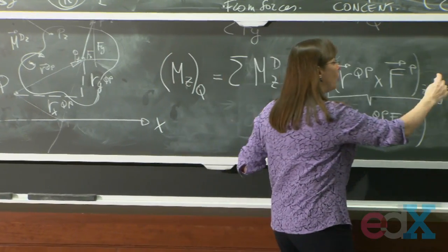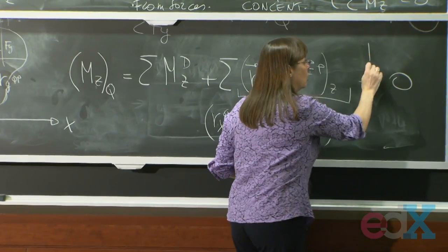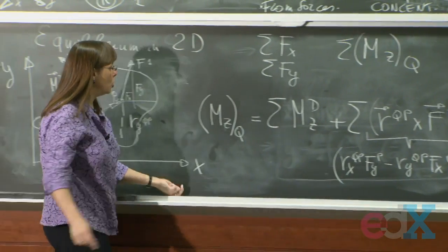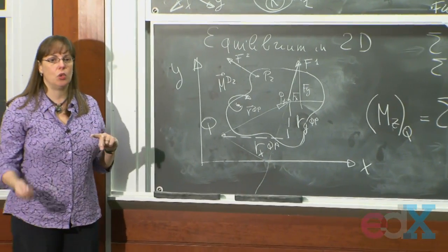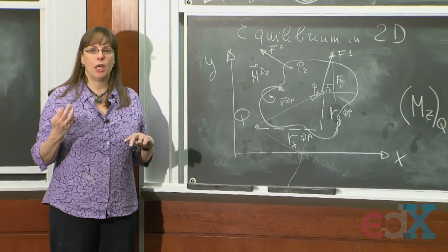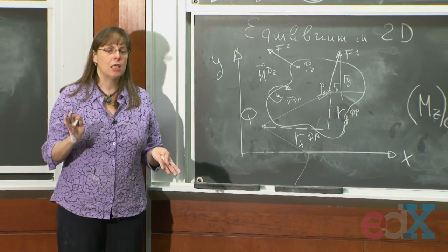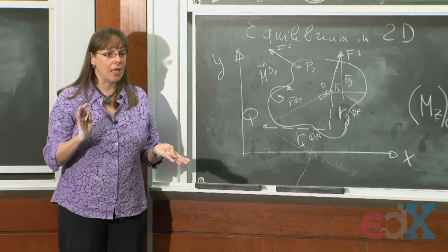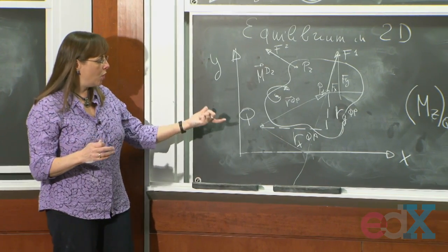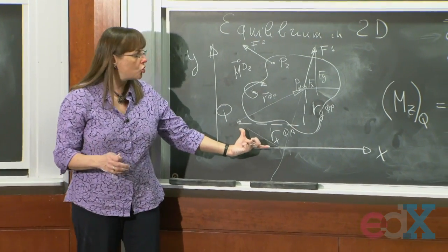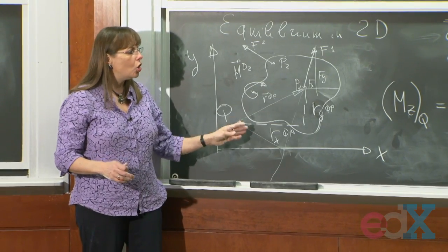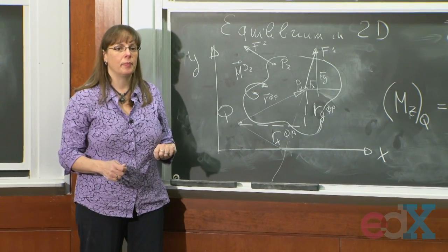When I sum all of this with respect to the same pivot point Q, I have to get 0. So when I do equilibrium in 2D, I'm worrying about summing the forces in X, summing the forces in Y, summing the moment in Z. And when you sum the moment in Z, you can take your shortcut, force times arm, or you can do it Cartesian like I did.